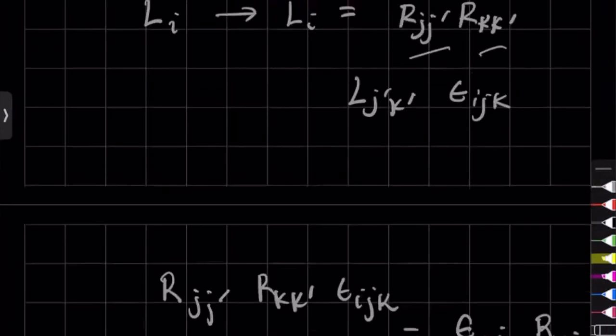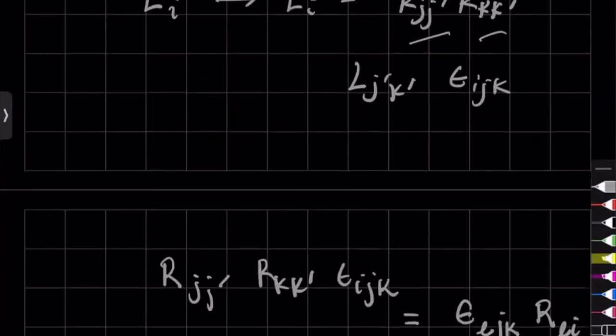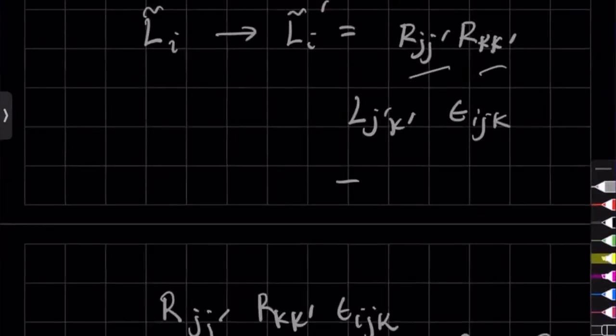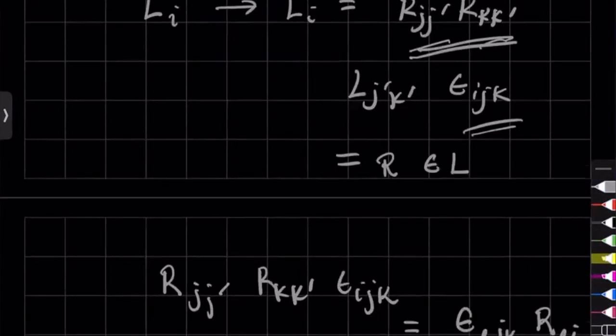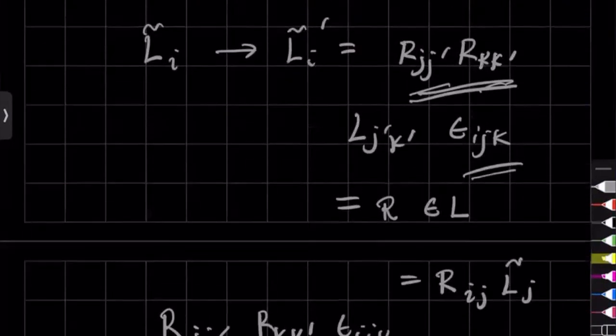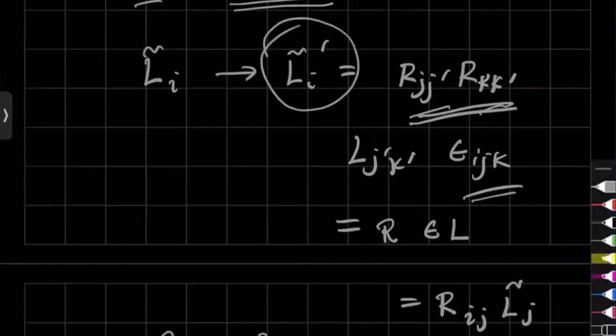So when we use this over here, we can replace these guys by a factor of R and a factor of epsilon and a factor of L in such a way that we get R, I, J, L tilde J. So we see that this is actually a vector.